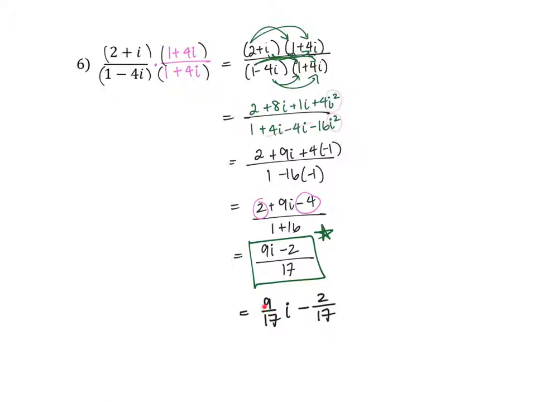Notice how these fractions, 9 and 17, don't have anything in common to divide. Neither do 2 and 17. So this is actually the most reduced format, you can't really reduce it any more than this. So this here is also a perfectly fine answer. You can have either this answer or this answer. They both mean the same thing.